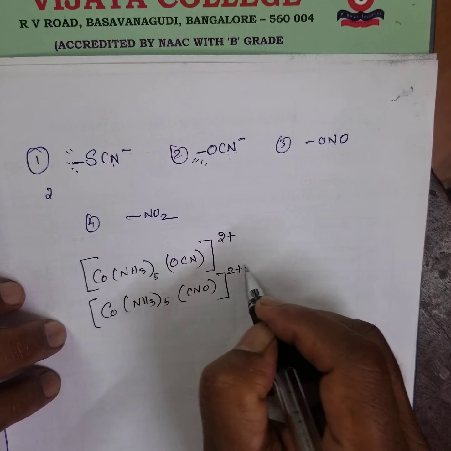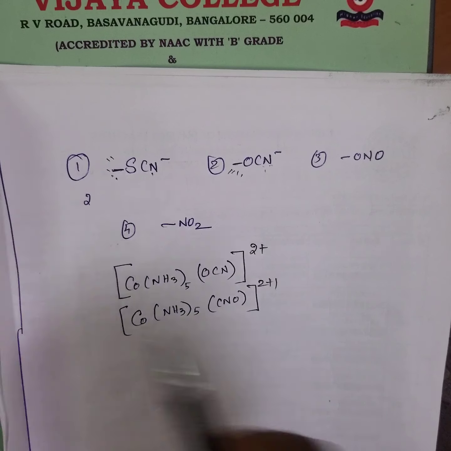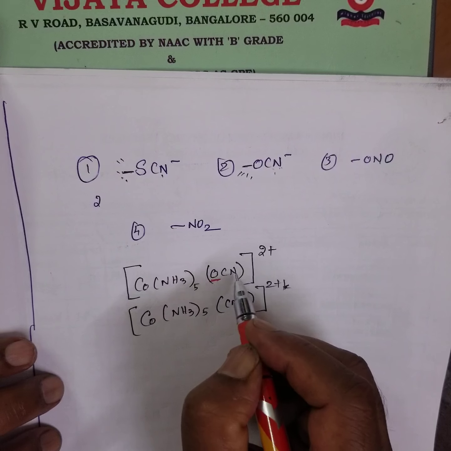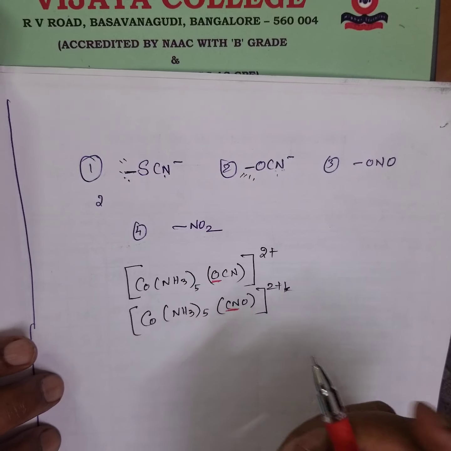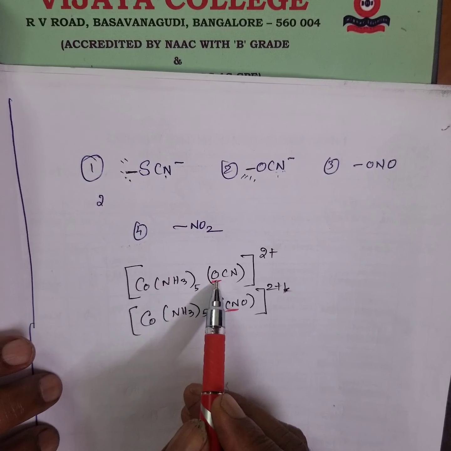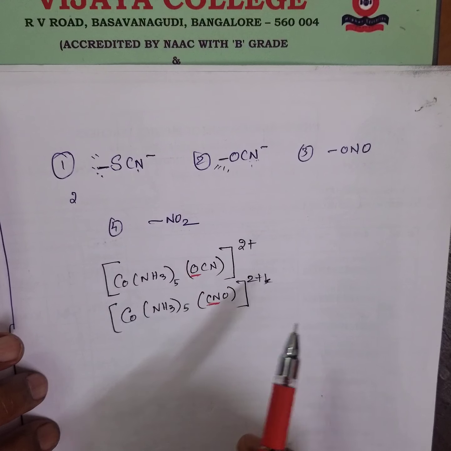What is the difference between these two? Here oxygen is the donor, not cyanide. Here cyanide is the donor. Can you follow? Whichever is facing the metal, that is the donor.